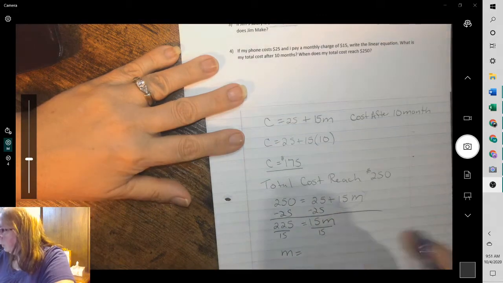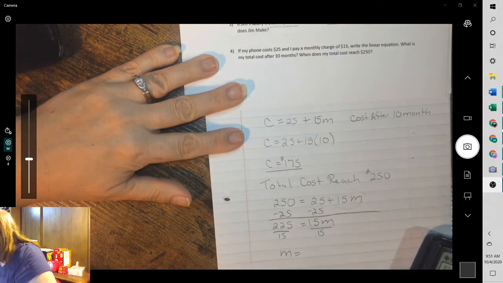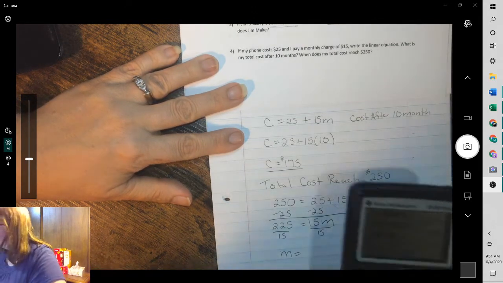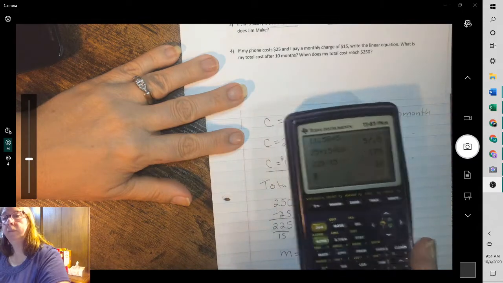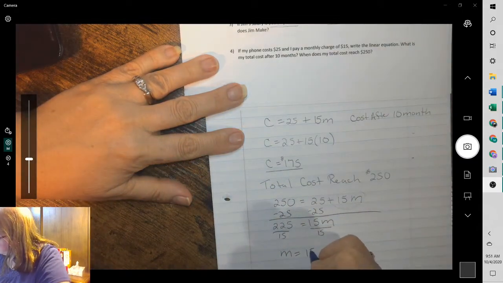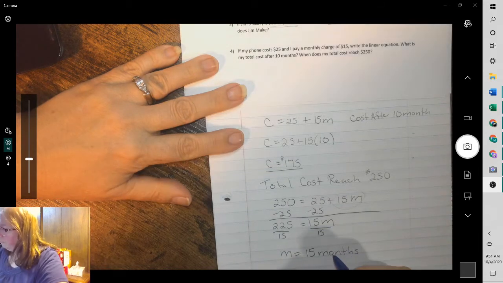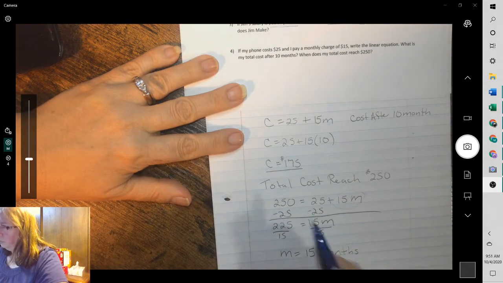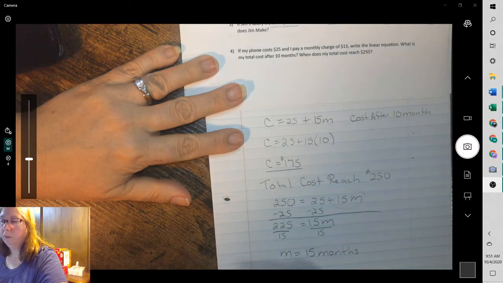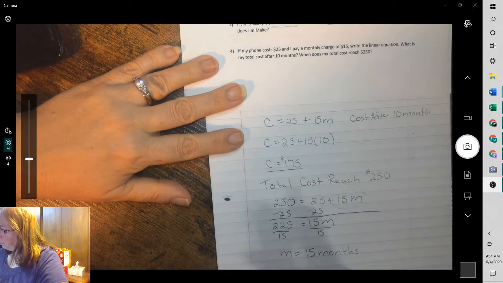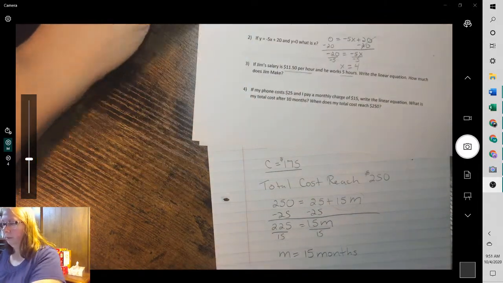And M will equal 225 divided by 15 is 15. So it will take 15 months for the cost to reach $250. So the CoReq for this talks about linear lines.